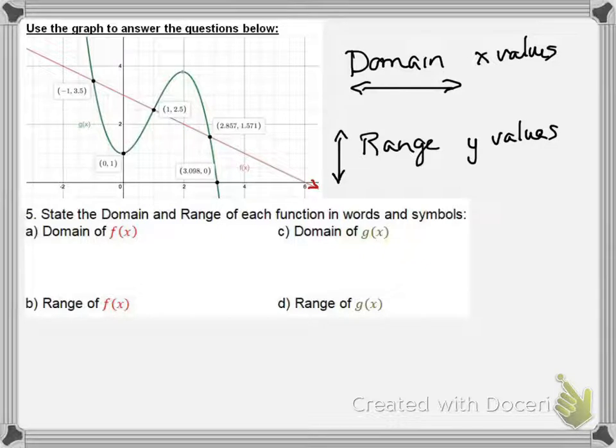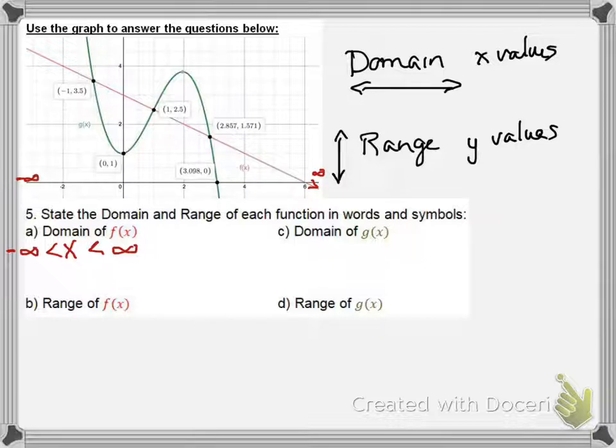So I'm not going to be able to draw an arrow on the end of that. These x values, how far do they go to the right? Forever. I'm going to write forever as an infinity symbol. How far do they go to the left? Forever. We can't just write infinity. We have to write negative infinity, forever in the negative direction. This is negative infinity, and this is positive infinity.